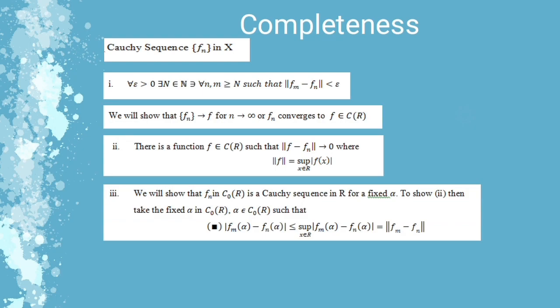Okay, we will show that f_n in C_0(R) is a Cauchy sequence in R for a fixed alpha. To show number 2, take the fixed alpha in C_0(R), such that we get like that.